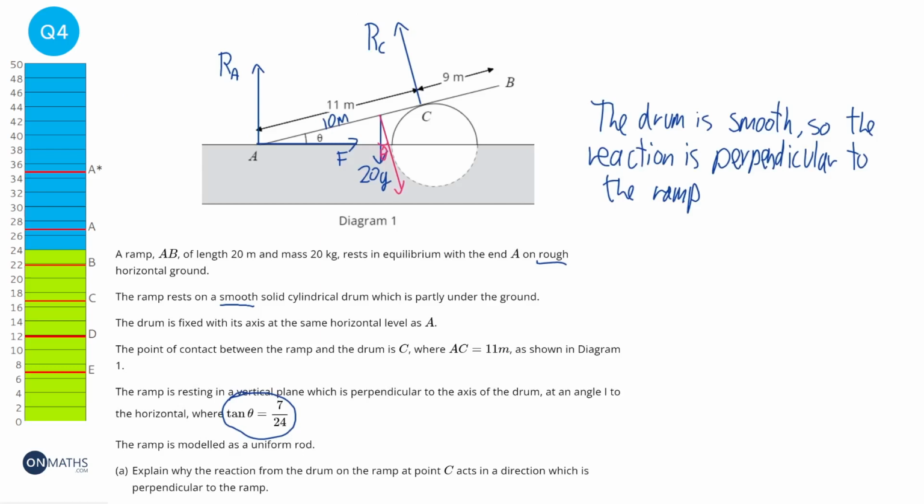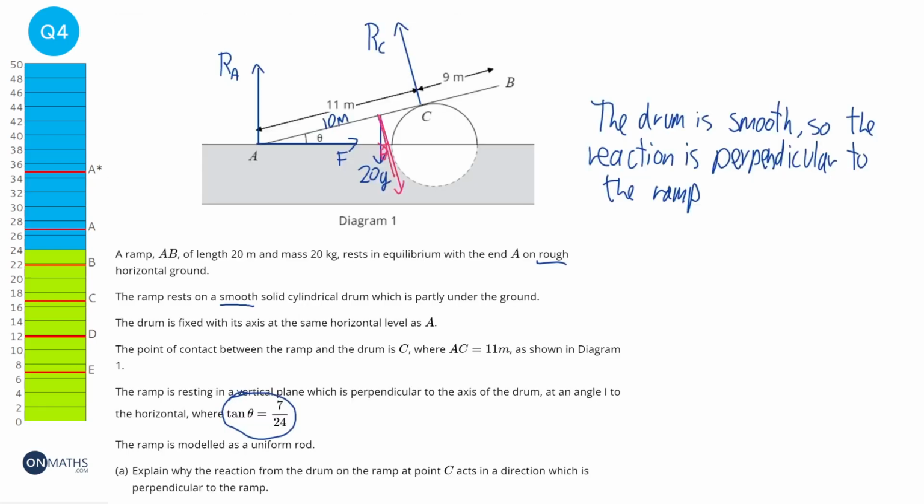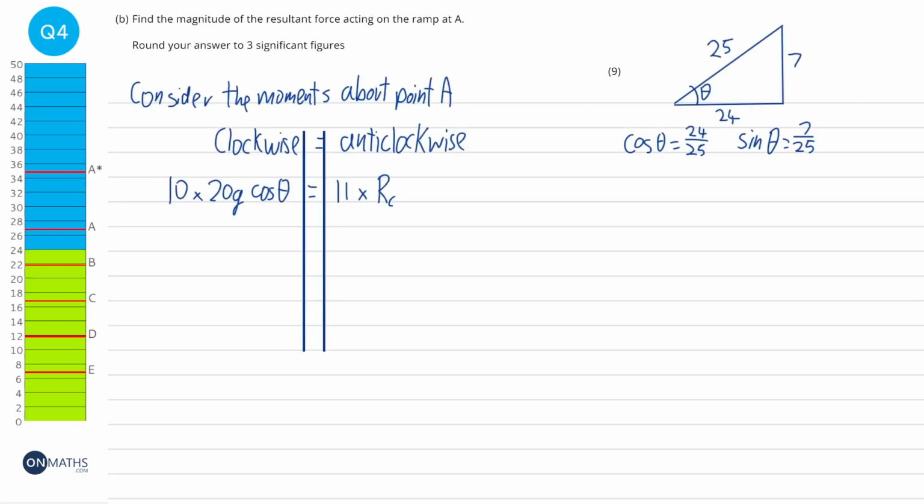So the distance will be 11, so it'll be 11 times just the RC component. Now the clockwise, we've said the distance of it will be 10, and it's 20g, but it will be cos theta, because as we showed on the diagram, it's going at this angle here. So it'd be cos theta. Now we know what cos theta is because we've worked it out here. So that's 10 times 20g, times 24 over 25.